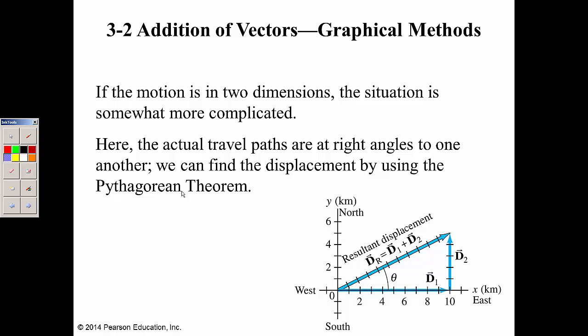If we consider a displacement that initially goes maybe 10 kilometers to the east, and then you turn and walk 1, 2, 3, 4 kilometers north, we can actually add these 2 vectors together to describe your final position from your origin.